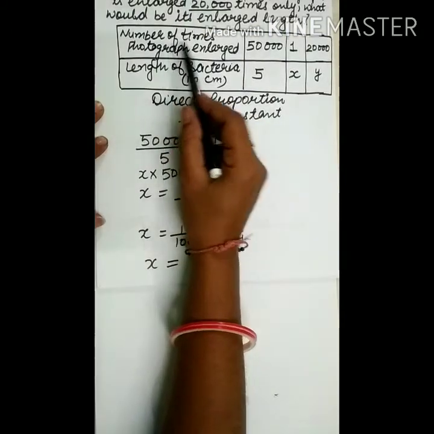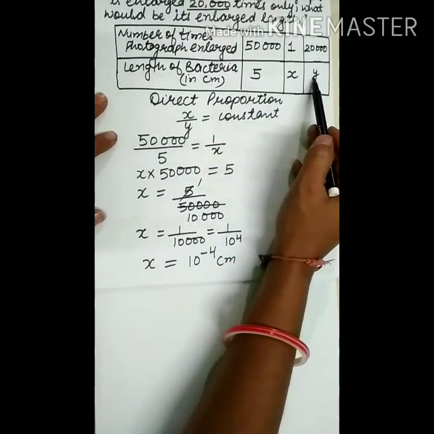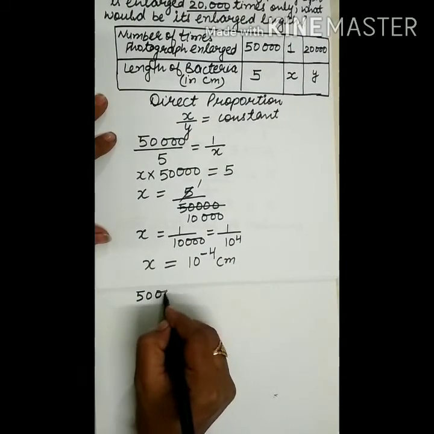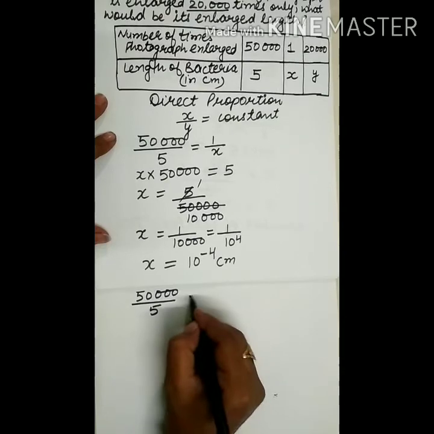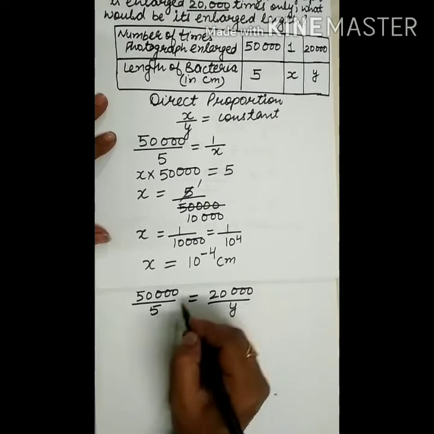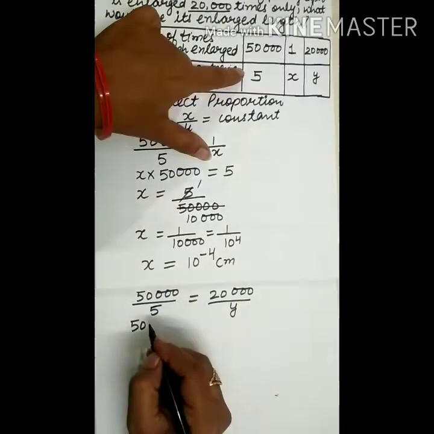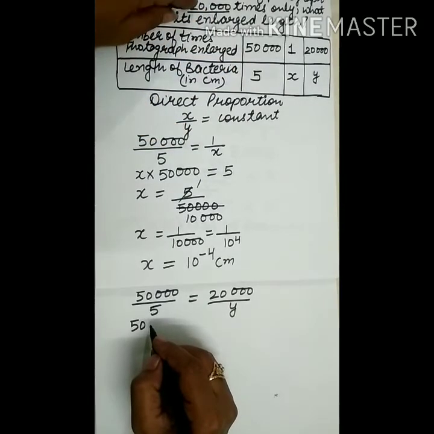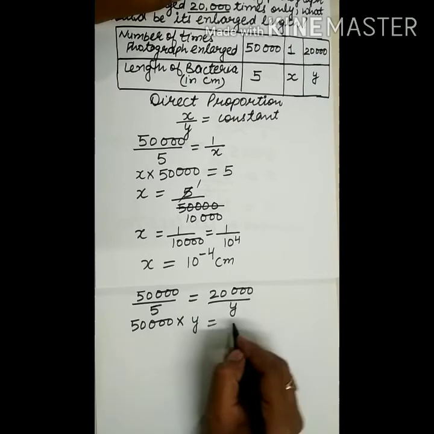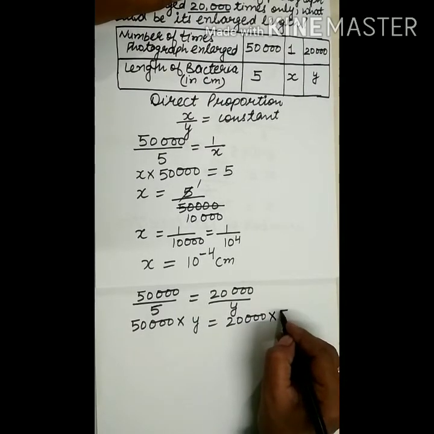Next is if we are enlarging the photograph 20,000 times, then what would be the length of bacteria? Again 50,000 upon 5 must be equal to 20,000 upon y. Now it would be 50,000 multiplied by y must be equal to 20,000 multiplied by 5.